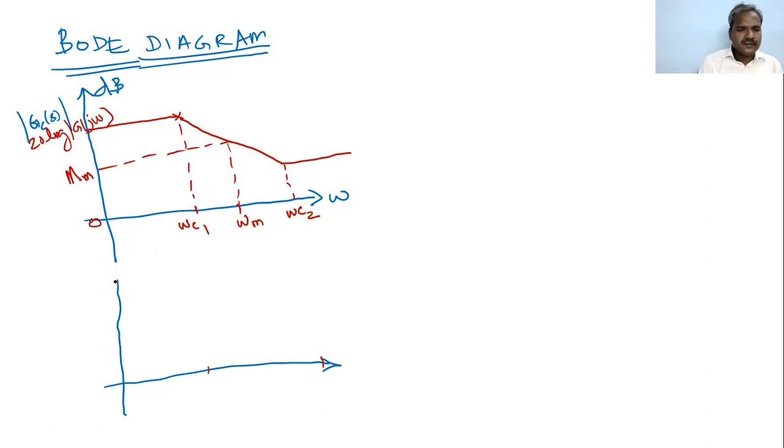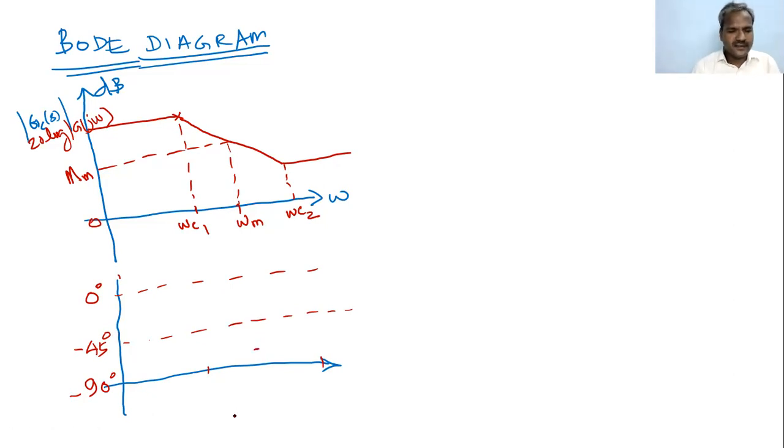Similarly for phase, we have 0 degree, minus 45 degree, and minus 90 degree.